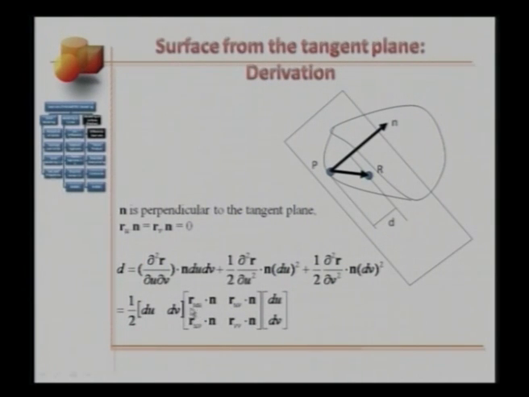This is the second derivative of r with respect to u, the mixed second derivative of r with respect to u and v, the same here, and the second derivative of r with respect to parameter v. This matrix here has a name. It is called the second fundamental matrix and is represented by bold D.